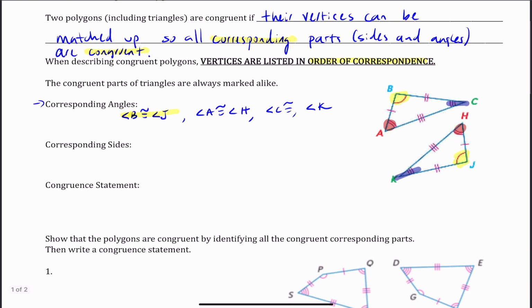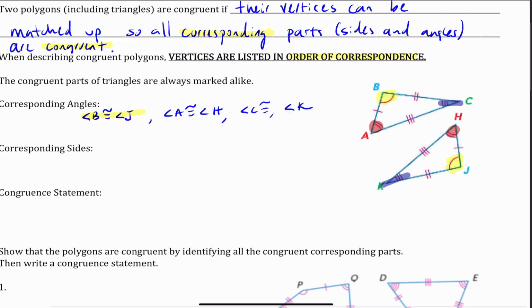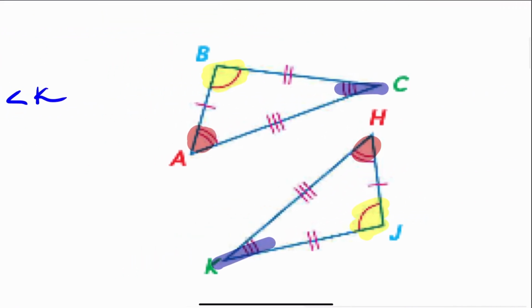To find the corresponding sides, just like the corresponding angles, we look not at the arcs, but at the tick marks themselves. Since I can see one tick mark here and one tick mark here, this tick mark is associated with segment AB, and this tick mark here is associated with segment HJ.